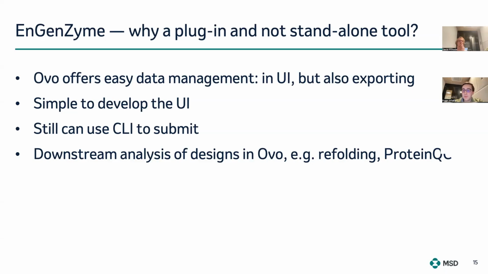It's sorted into projects, rounds, and pools, so that you can filter based on your thresholds that you need. It has the UI built in to explore the designs, but also allows you to export the files as CSV or the structures as PDB files, so you can do the analysis as you typically would.